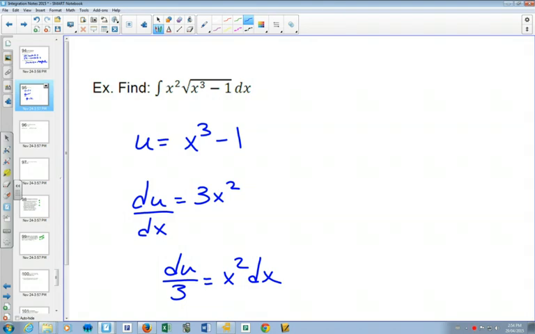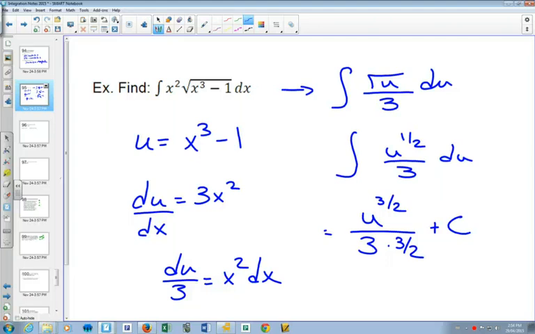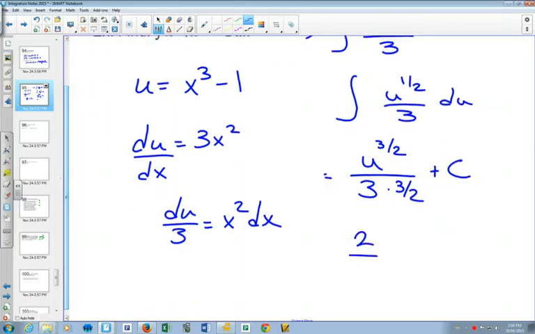So now we can substitute in here, and we're going to have the square root of u divided by 3 du, which is the same as the integral of u to the half divided by 3 du, which if you add 1 to the exponent and divide by that number as well, plus c. And u, of course, is x cubed minus 1.